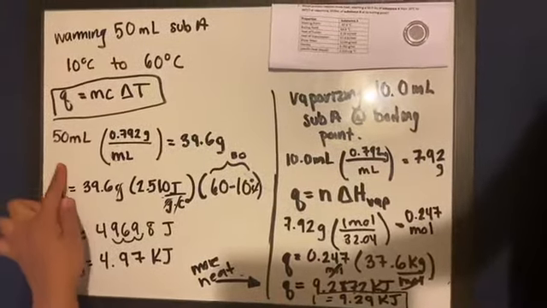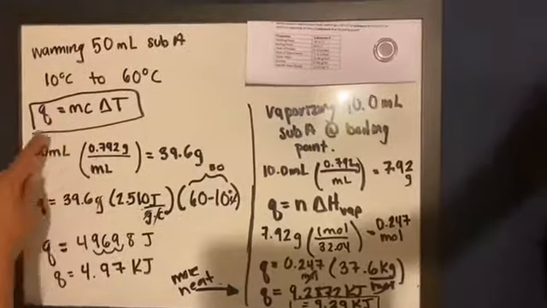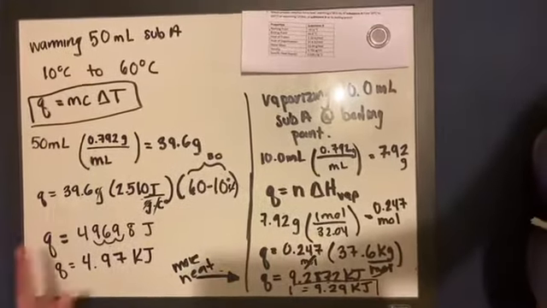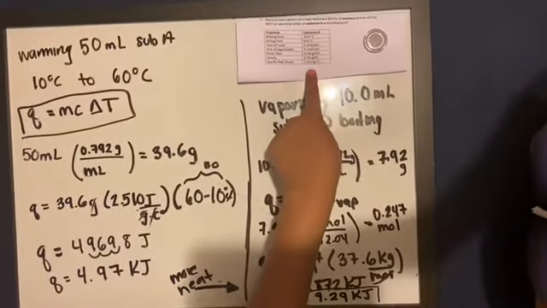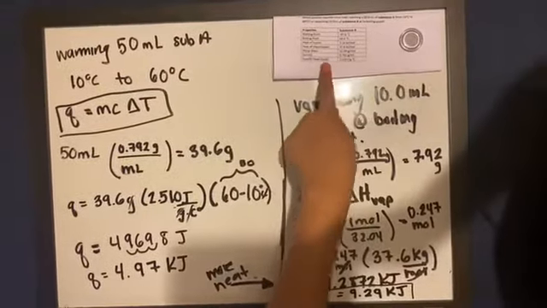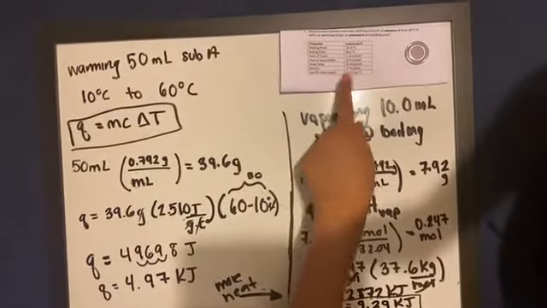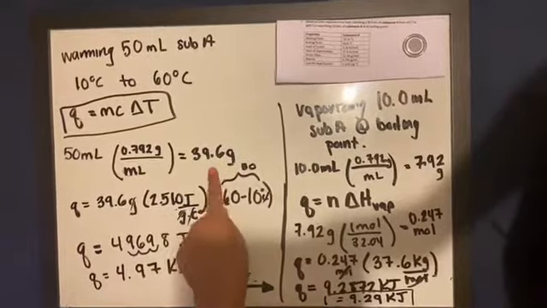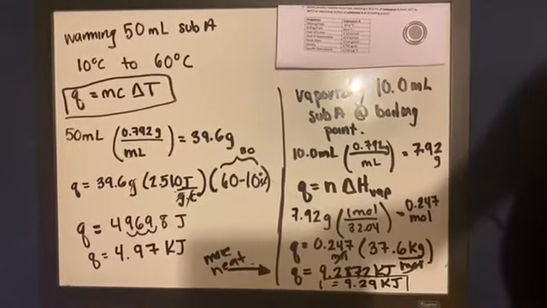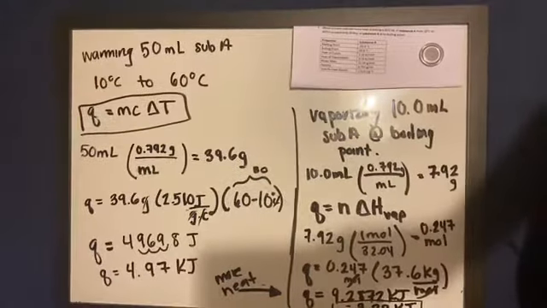So we have 50 milliliters and we need to convert it into grams to figure out the mass. Given the conversion factor of the density, we convert the milliliters into grams, and then we just plug in all of the information.